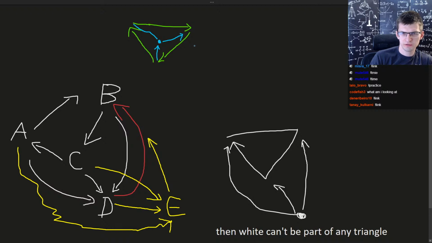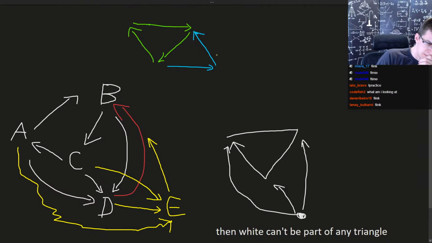Okay, so we always get two triangles in some order. I want to draw all the edges. Four vertices must look like this, and then there is this kind of edge. We don't know how it looks. Cool. Then we have a fifth vertex. With green it needs to create one more triangle.